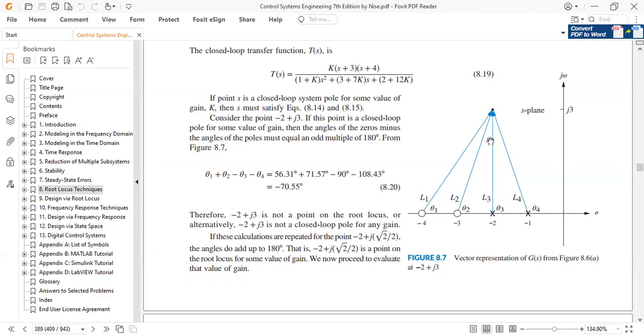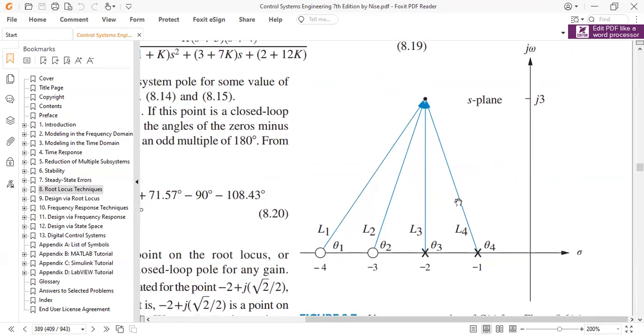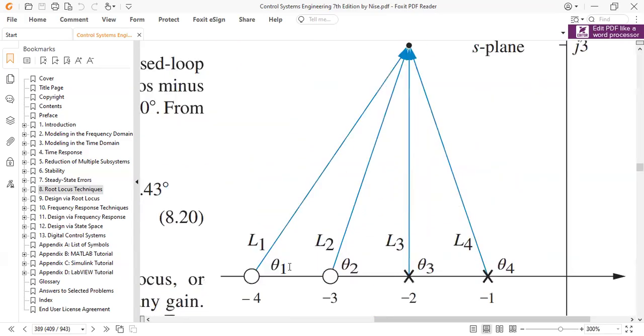If you look at this point where we have -1, -2, -3, and -4, we want to calculate the angle from this point to, let's say, the point -4. So first we take this zero at -4, 0, and we calculate the angle from this point to the zero at -4. Do you have any ideas how we are going to calculate this? I want to calculate this angle theta 1, and I want your ideas on how I am going to calculate this.